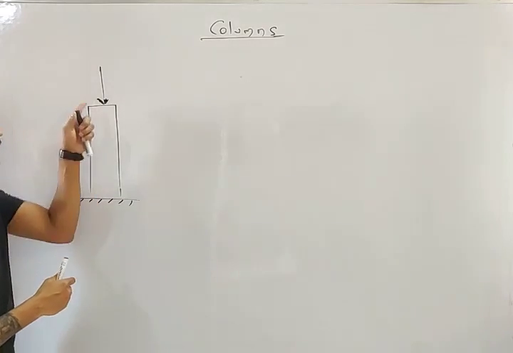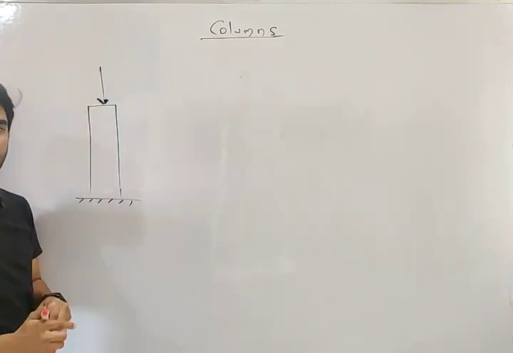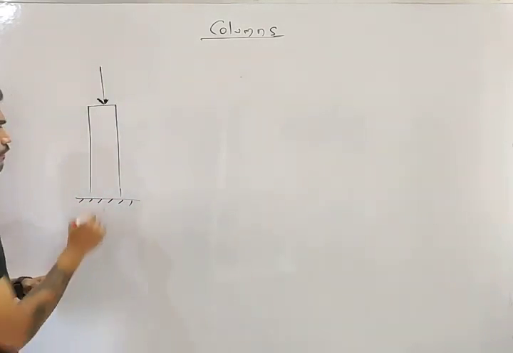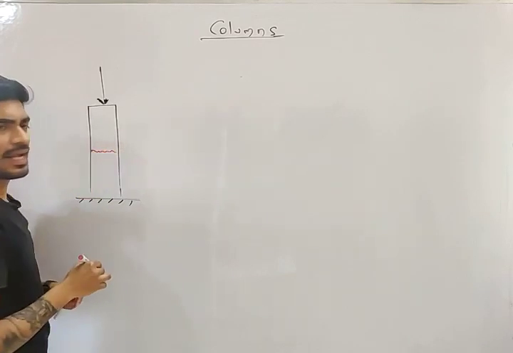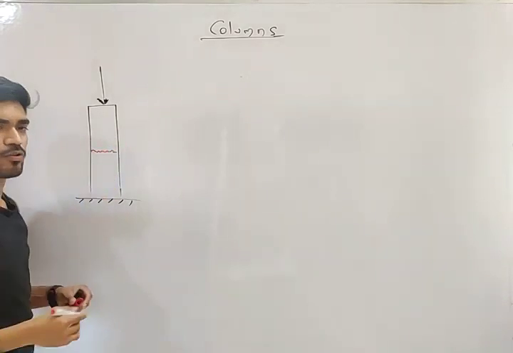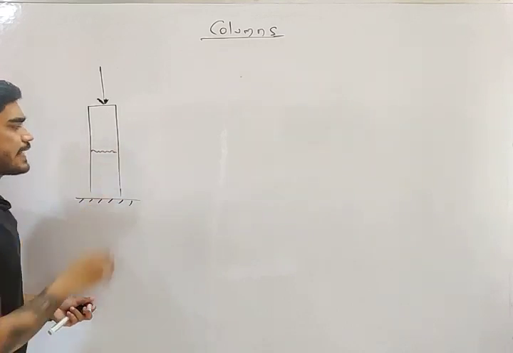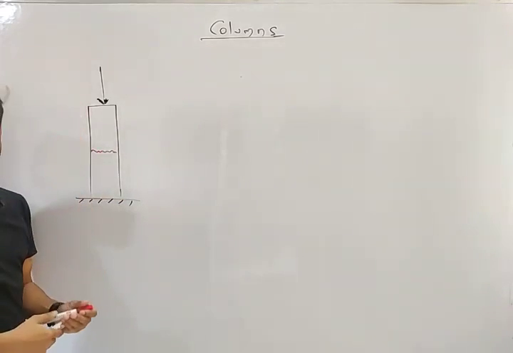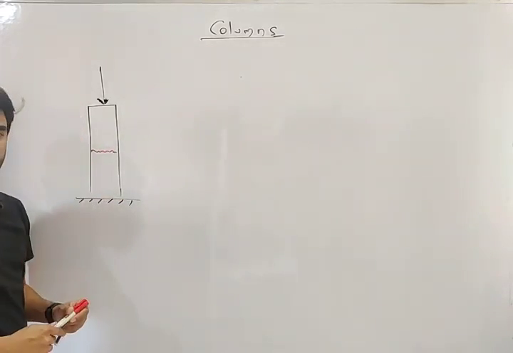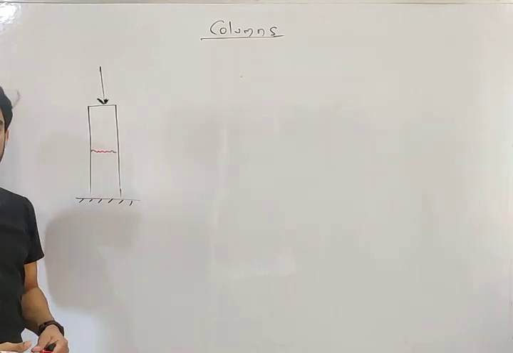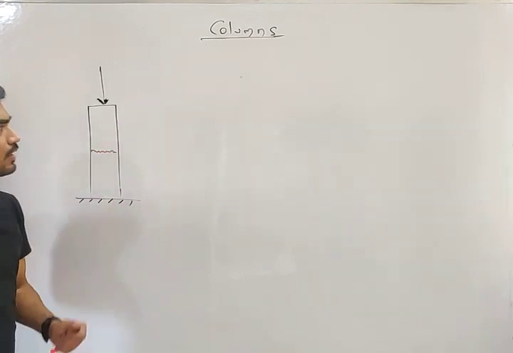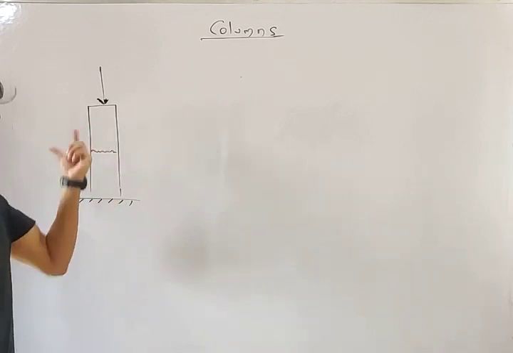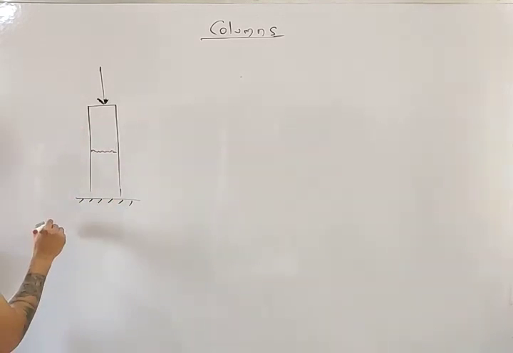There will be a point when this column will break. This type of failure in compression is known as crushing. Now my friend, this column is known as a short column.